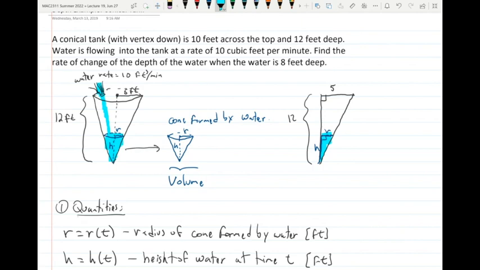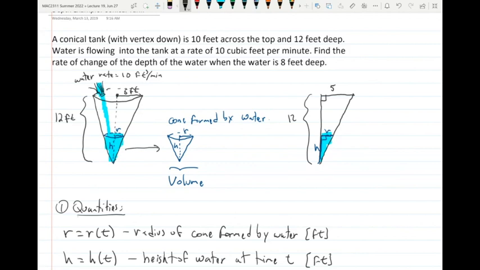Now, there are two triangles, the big one and the small one, and they're similar triangles, okay? Because they both have a 90-degree angle, and for example, they share this angle in common. So this angle over here is the same as this one over here. So they have the same angles, so the triangles are similar. When triangles are similar, corresponding sides are proportional.